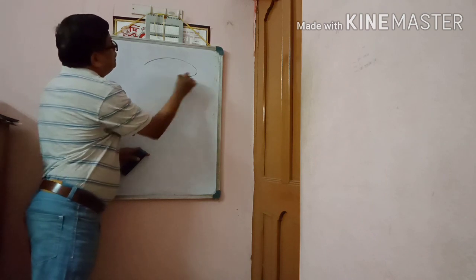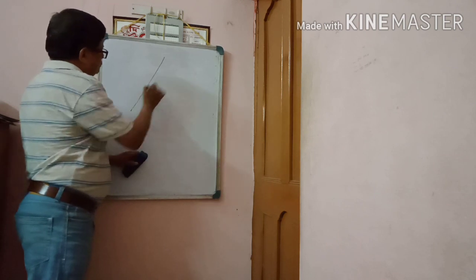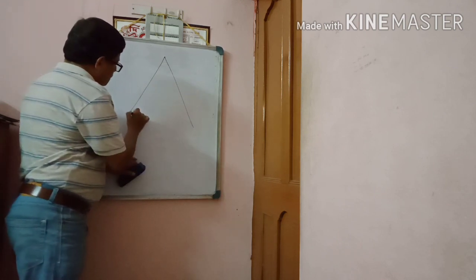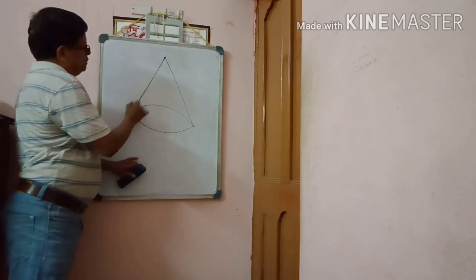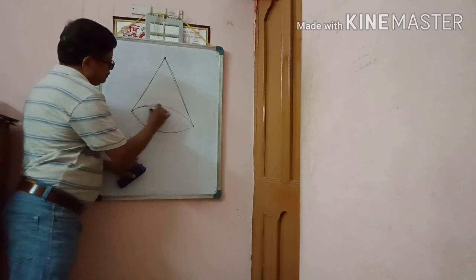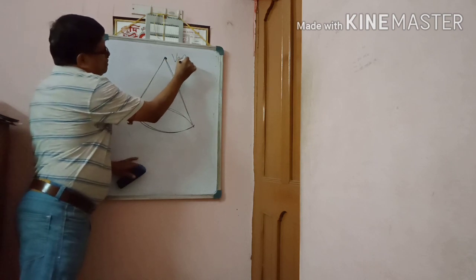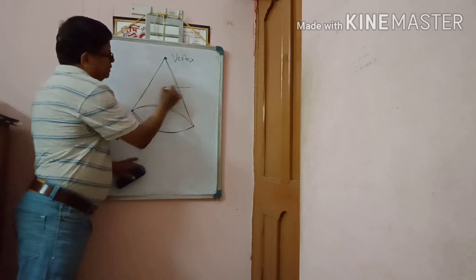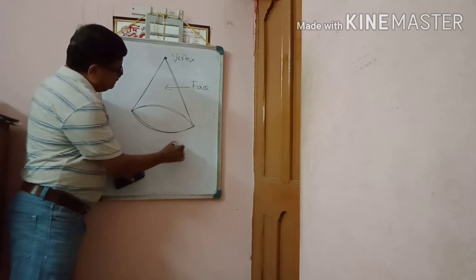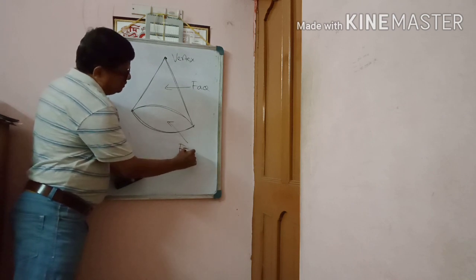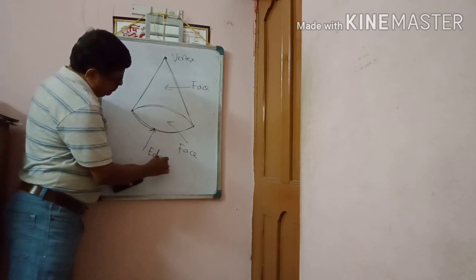Next, right circular cone. Look here. This is the vertex, this is the curved face, this is the plane face, and this is the edge.